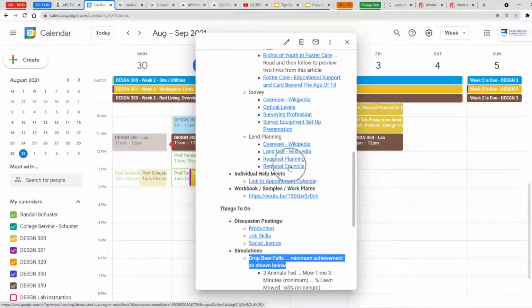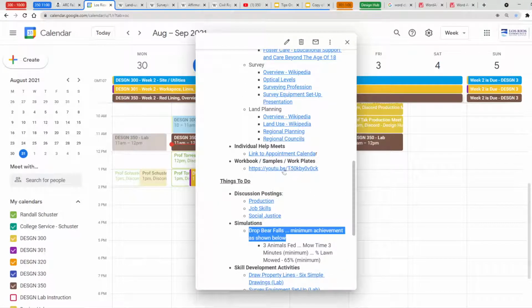The regional council gets into group or city councils, which gets into neighborhood councils, and so on and so forth. Okay? And then here's your workbook, here's your sample, and I'll give you some more. So there's an overview of what we're doing.